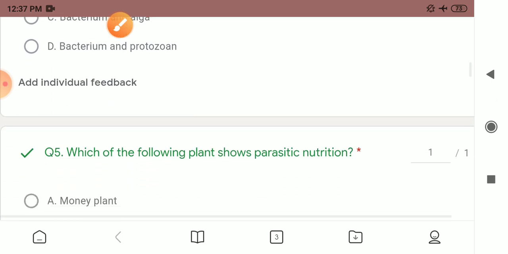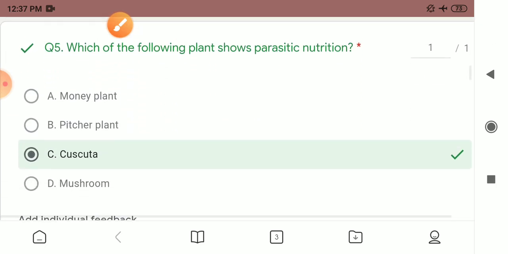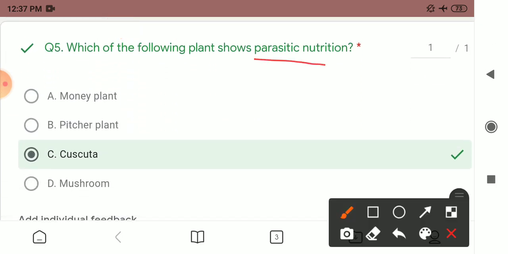Next is fifth number. Which of the following plants shows parasitic nutrition? The options are money plant, pitcher plant, cuscuta or mushroom. So here your answer is option C, that is cuscuta. Cuscuta has the parasitic nutrition, that means it takes or it gets its nutrition from the other organism.